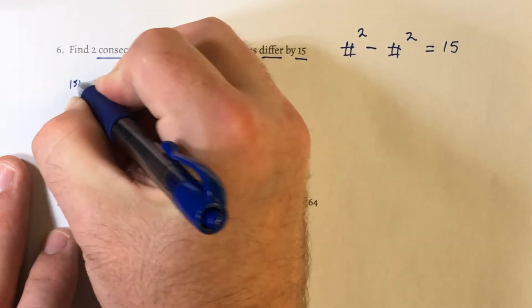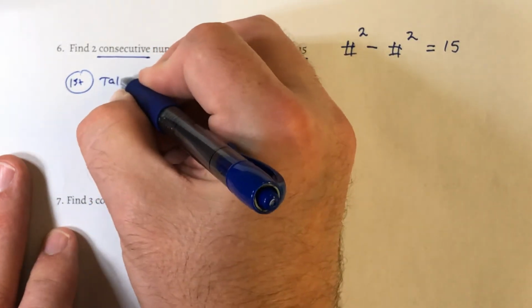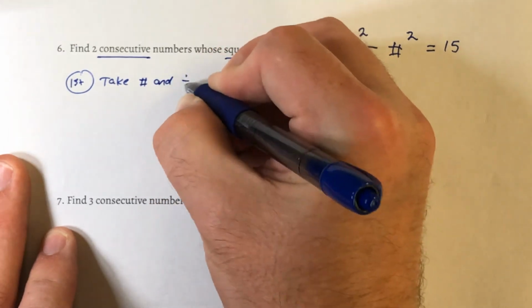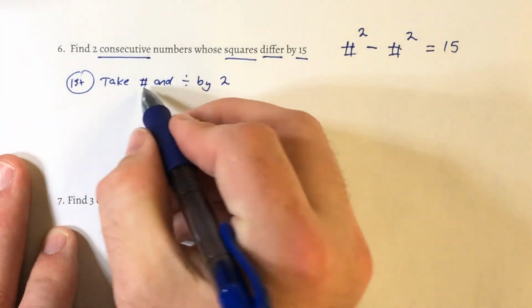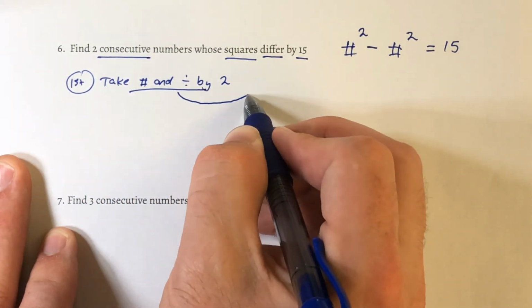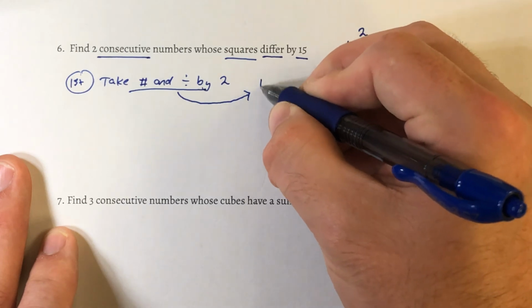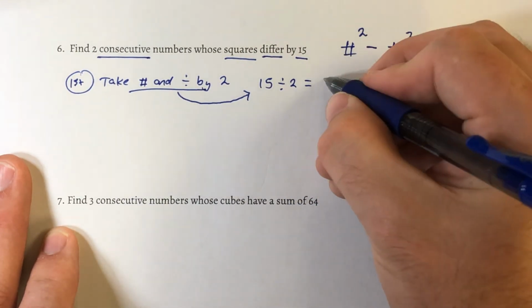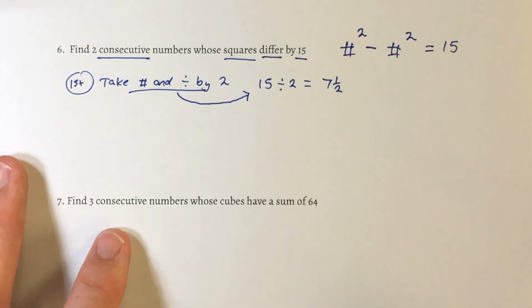First step, take your number and divide by 2. So we're going to do that right there. Our number was 15. So we're going to take 15 and divide by 2. What do we get? We get 7.5.